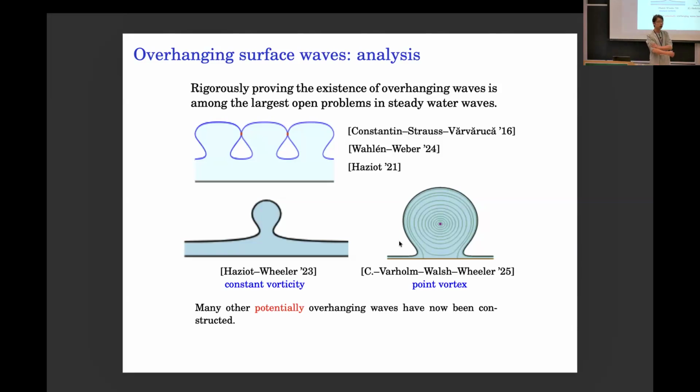We didn't pursue that direction because all of these are steady solutions. We're not yet able to look at the dynamical setting. But there is a common belief that they are unstable, though so far nobody can prove it.